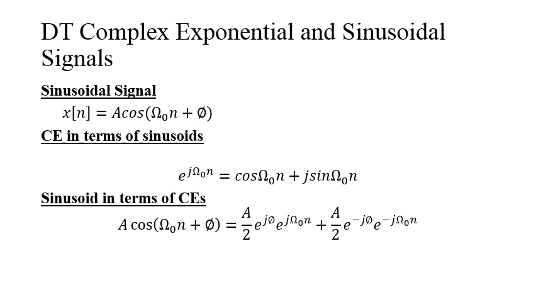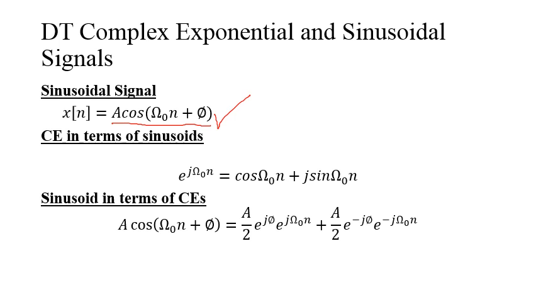Okay, so again, like we have discussed for the continuous time case, the relationship between the periodic complex exponential signal and the sinusoidal signal. Just like the continuous time case, this is the sinusoidal signal, having amplitude A, frequency omega naught, and phase phi, right?